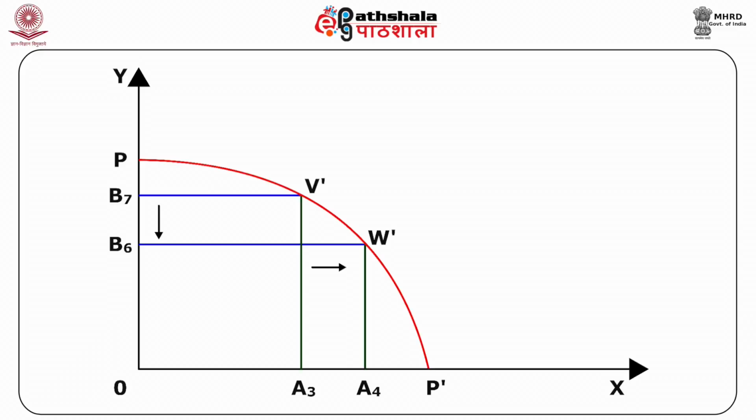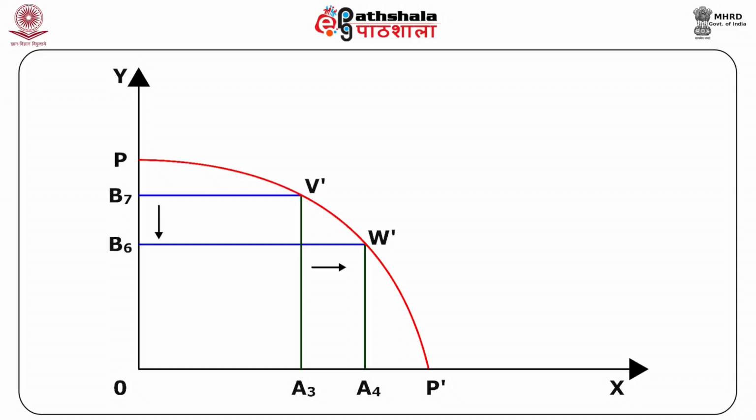Let us imagine that V prime is one such point. At this point, what we notice is B7 was exactly tangential to A3. Therefore, we plot the point which represents the given quantity A3 of X, which combines with the given quantity of Y which is B7, and this combination is represented as V prime.